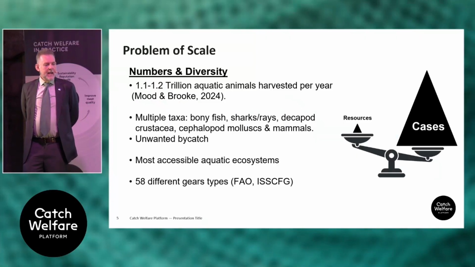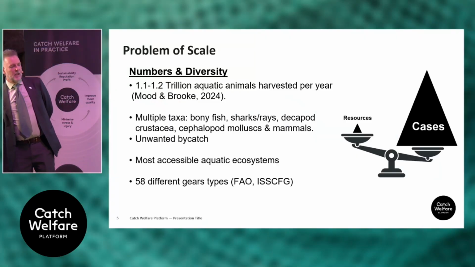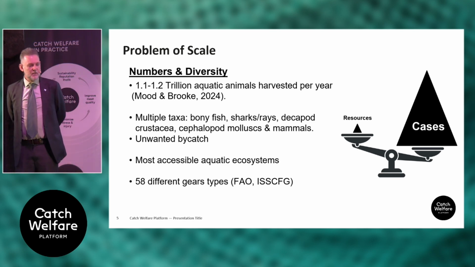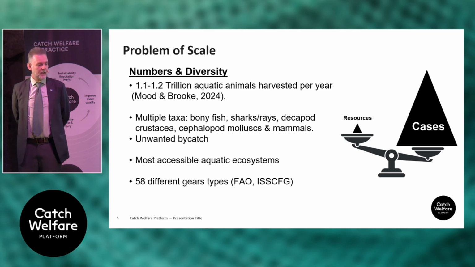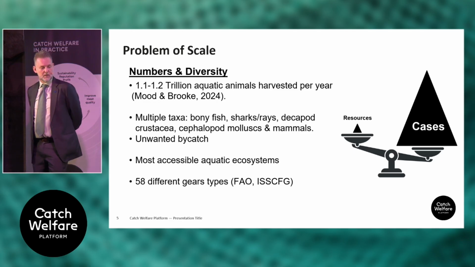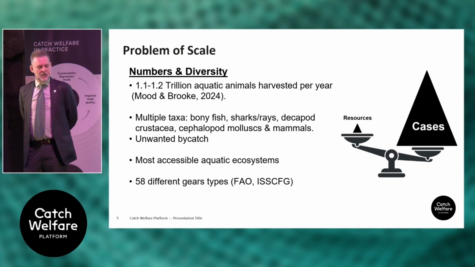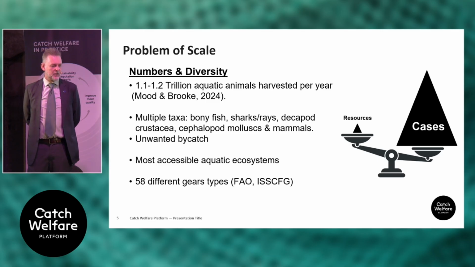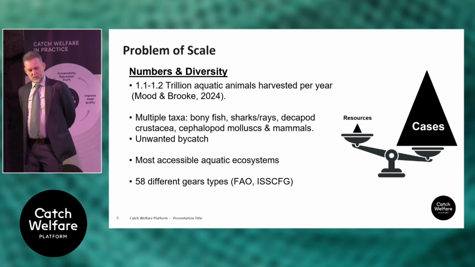So now we have several problems. The first problem is the problem of scale: numbers and diversity of the species. In terms of aquatic animals that are harvested per year globally, we're dealing with 1.1 to 2.2 trillion aquatic animals, that should read. Multiple different taxa. We've got fish, elasmobranchs, decapod crustacea. The list goes on.